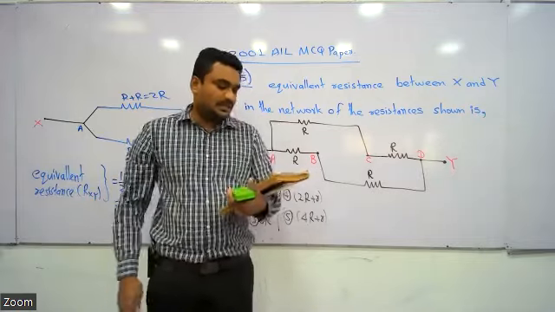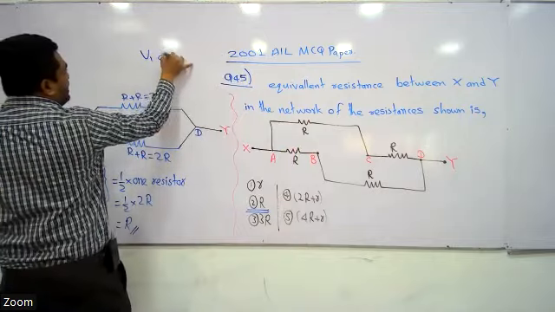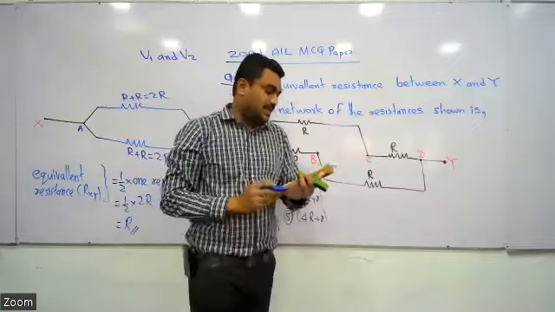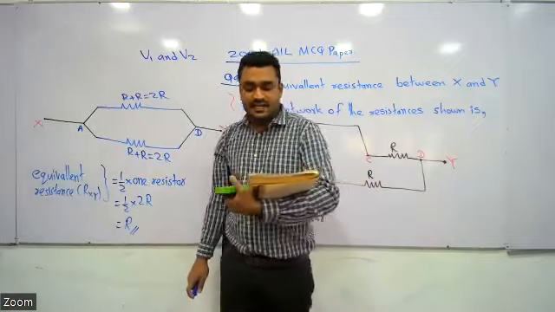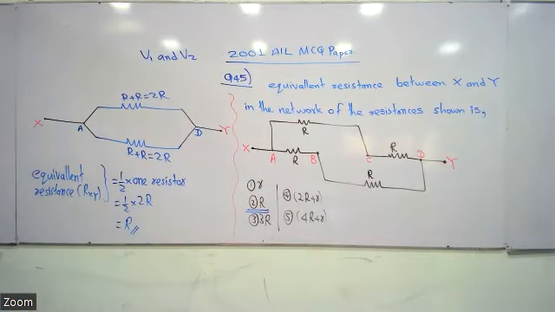Full stop. They have given something like this. V1 and V2. Look at both and write: V1 and V2 are voltmeter readings.